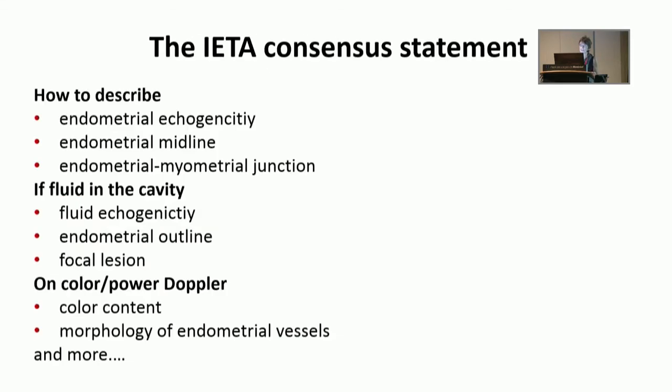Now, the IETA consensus statement describes which terminology we should use when we describe our ultrasound images of the endometrium and the uterine cavity. And I will discuss with you only one definition that I think is particularly important, and that is the definition of a focal lesion.